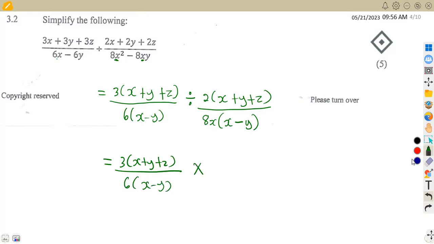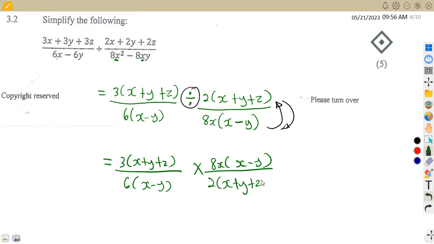Remember that the moment you introduce a multiplication, you are now inverting this fraction. You interchange what is in the denominator, you write it in the numerator. From the numerator, you write it in the denominator. So this is going to give us 8x is now on top. That's 8x into x minus y, everything over 2 into x plus y plus z.